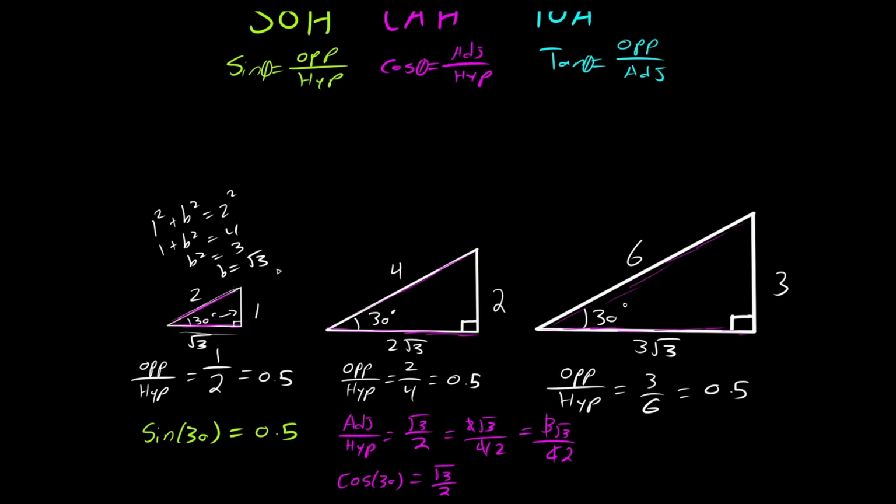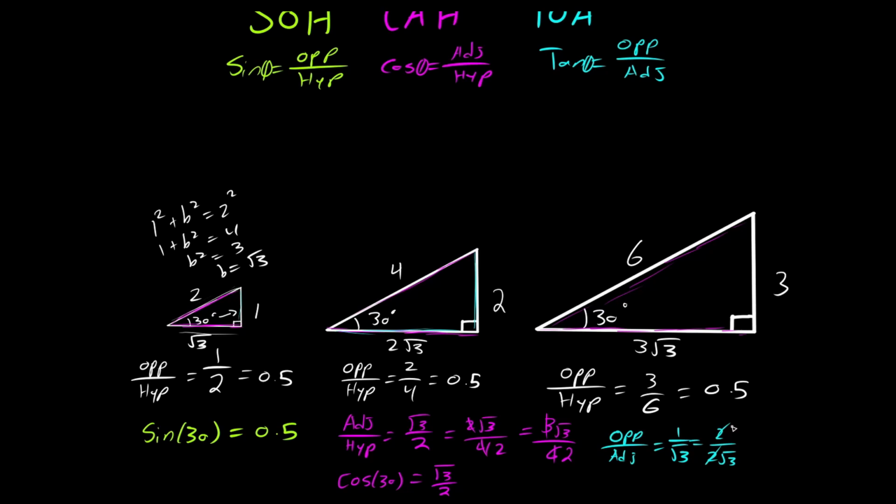Once again, you can apply the same logic to the tangent. The opposite to the adjacent is equal to 1 over square root 3. Again, the opposite side to the adjacent is equal to 2 over square root 3.